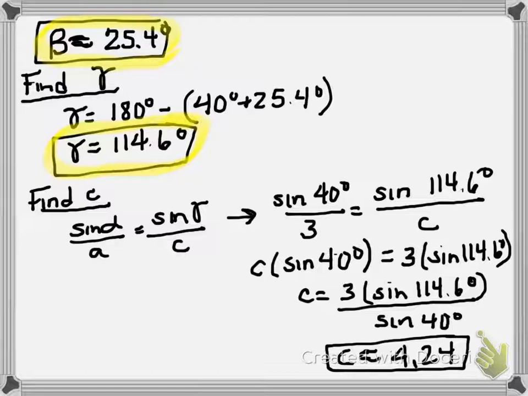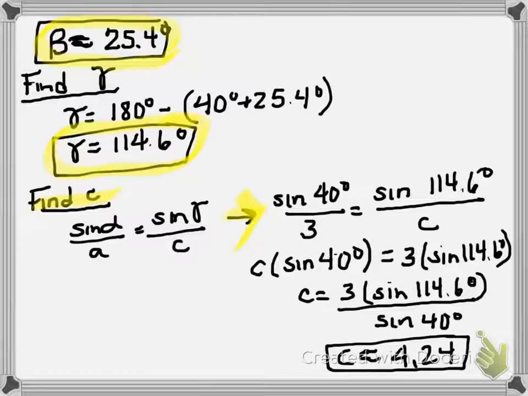The last thing I need to find is side C. So this is what I'm going to do right here. I'm going to use my fraction sine alpha divided by A is equal to sine gamma divided by C. Alright, so then I substitute my values in.